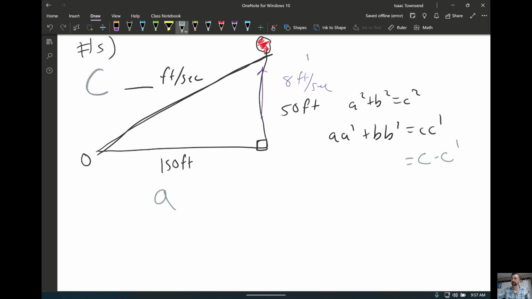But I'll call this A and this B. I do know A is 150, and A prime, how is this length changing? It's not, so that's a 0. B is 50, B prime is 8, so we get 400.